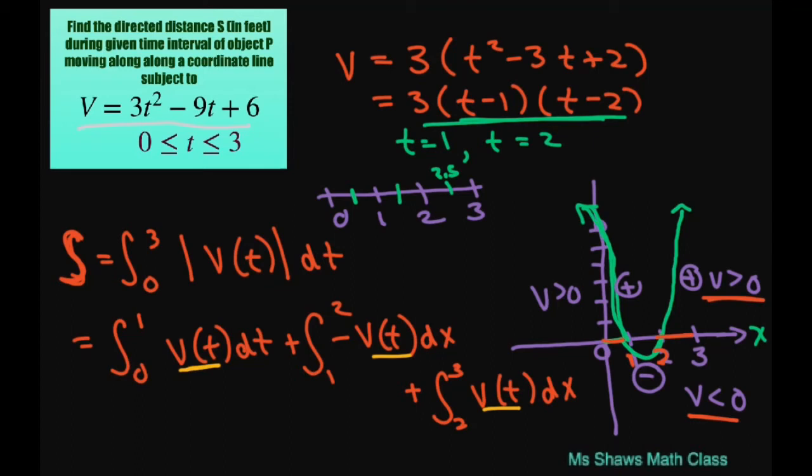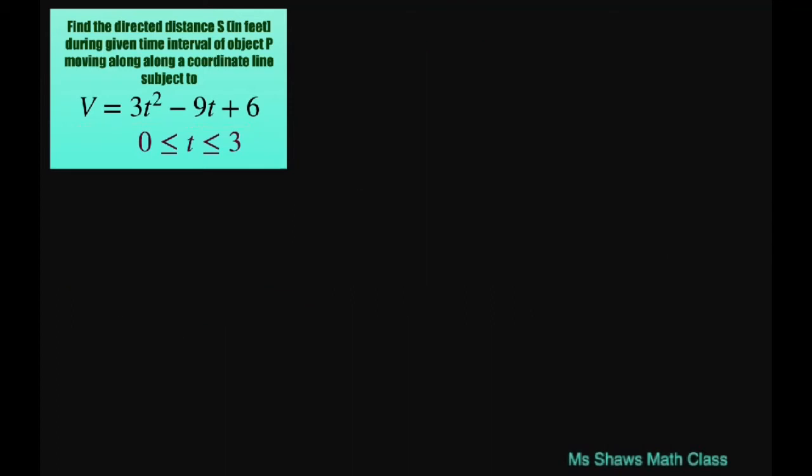So let's do that. The directed distance is the integral from 0 to 1 of 3t squared minus 9t plus 6 dt. I'm used to writing dx, so dt.